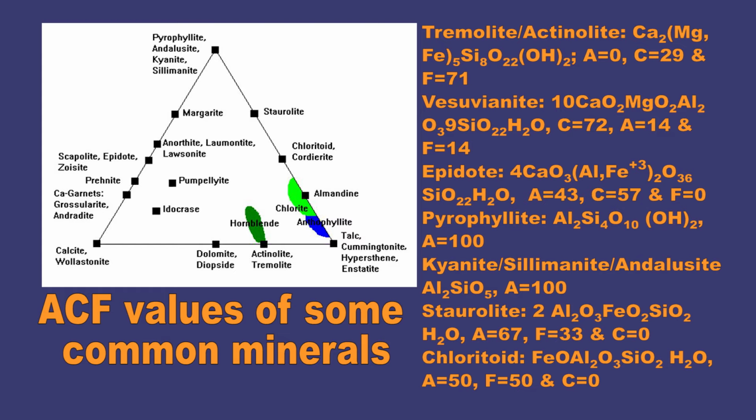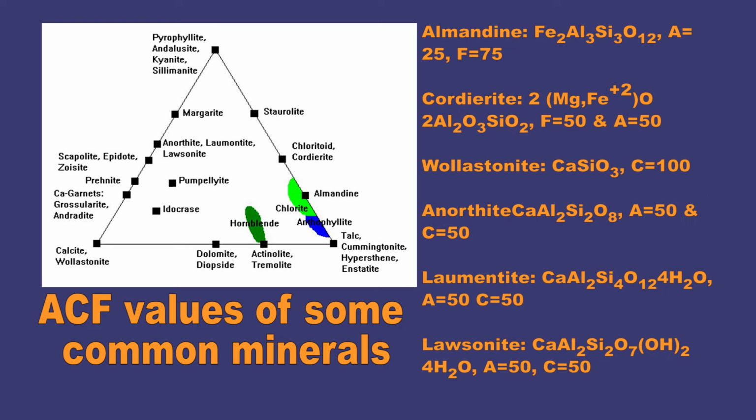Chloritoid, FeO, Al2O3, SiO2, H2O, A equals 50, F equals 50 and C equals 0. Almandine, Fe3Al2Si3O12, A equals 25, F equals 75. Cordierite, 2 MgFeO, 2 Al2O3, 5 SiO2, F equals 50 and A equals 50%.